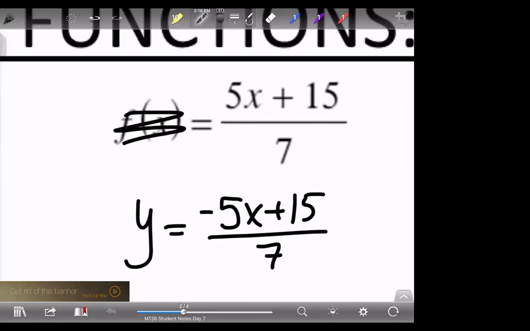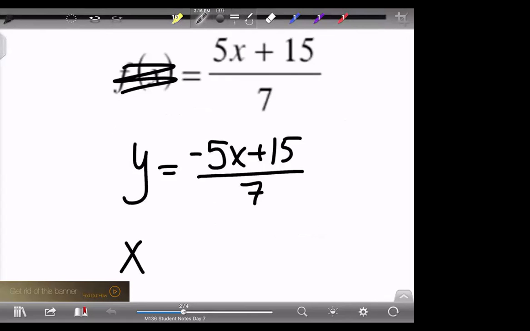So that's step 1. Step number 2, we're going to invert or switch our x and our y. So now we have x equals negative 5y plus 15, all divided by 7.